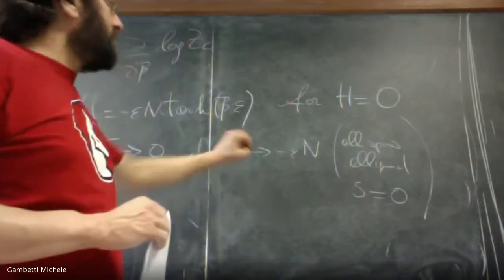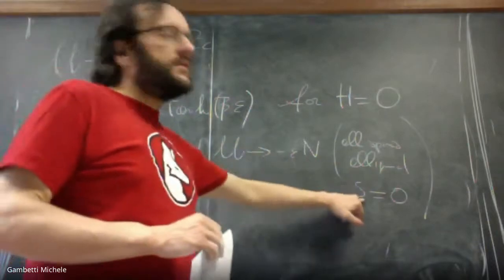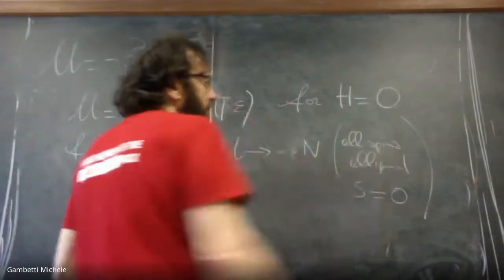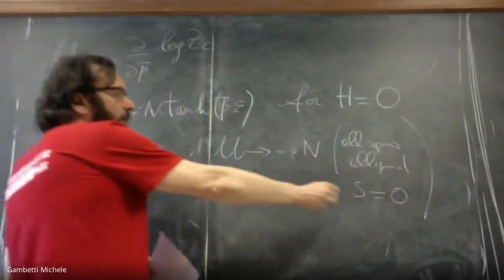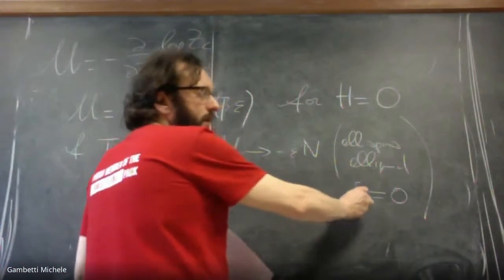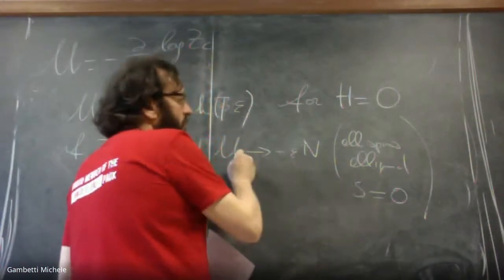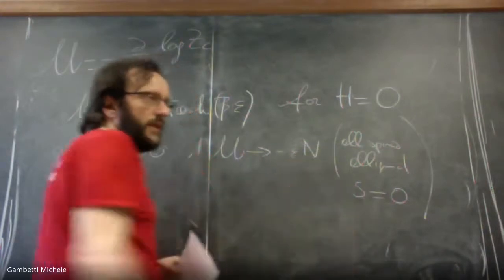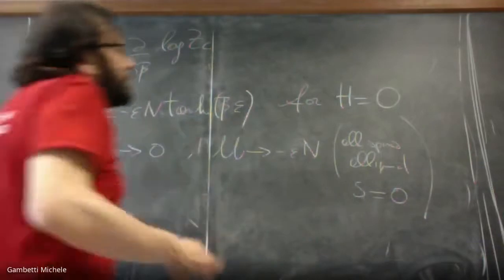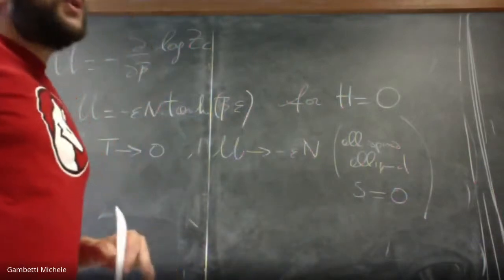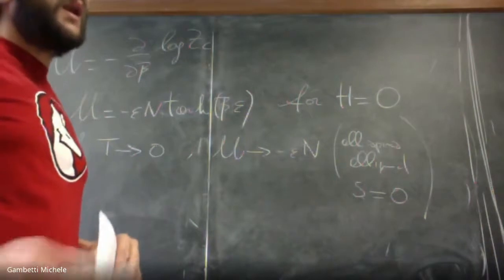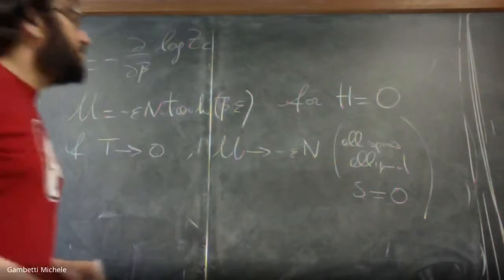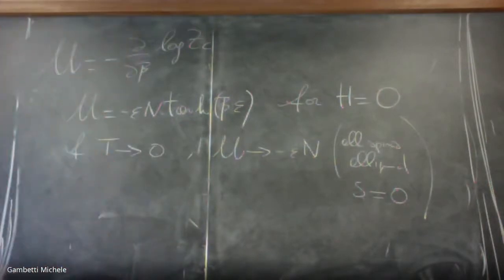Of course, if you go to t equals zero, the entropy is zero, as it must be, third principle of thermodynamics, they are all in the same state, and therefore the Helmholtz free energy is just provided by U, and U is minimized by having all the spins aligned, which is minus epsilon n. So the only situation in which they really would like to be aligned is the case in which t is equal to zero, which is of course a trivial situation.